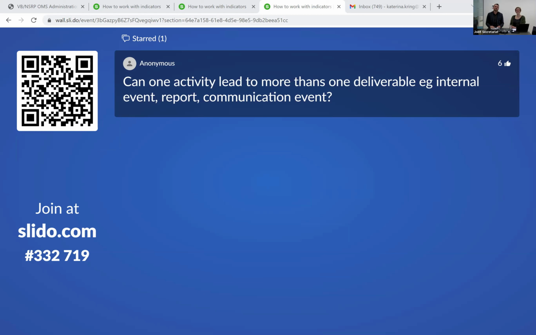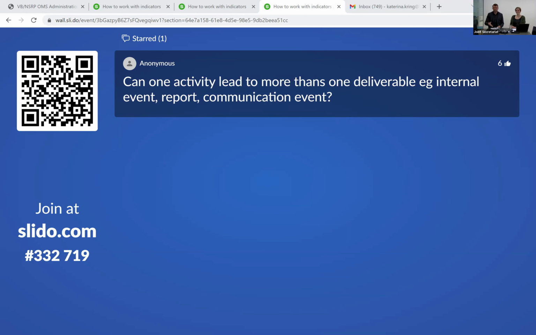Can one activity lead to more than one deliverable: internal event, report, communication event? I would say the best possible way is to separate those activities, having a clear connection with the deliverable, because then we won't be confused.